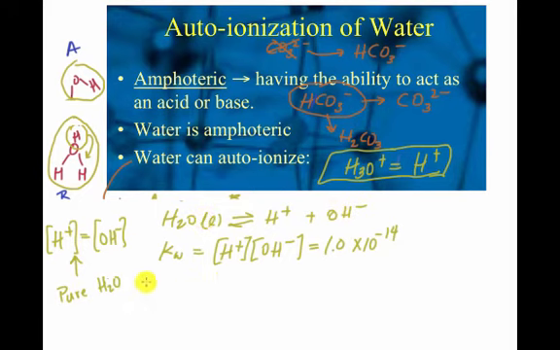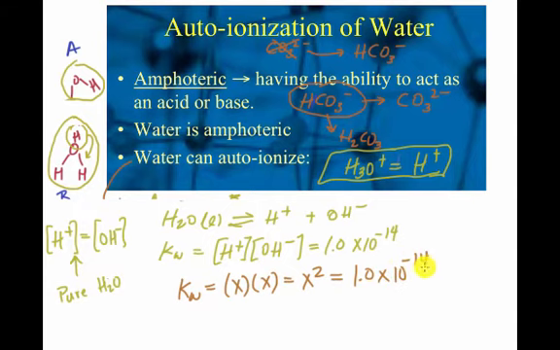So therefore, if I said that the concentration of the hydrogen ion were equal to X, I could say that Kw was equal to X times X, or X squared, which is all equal to 1.0 times 10 to the minus 14.